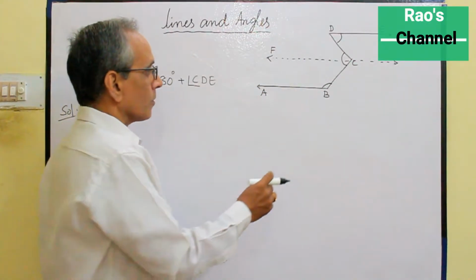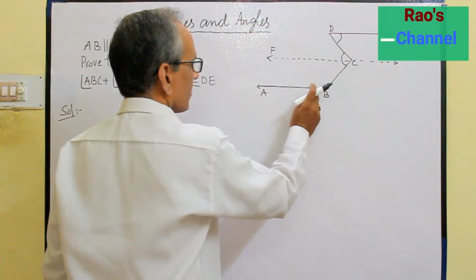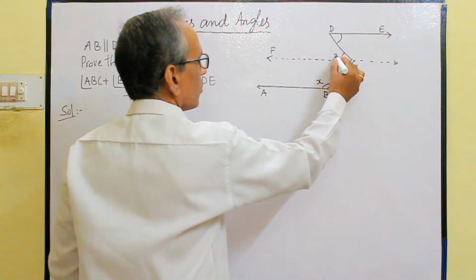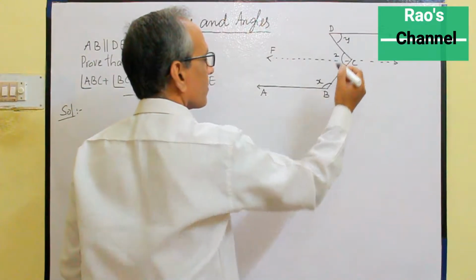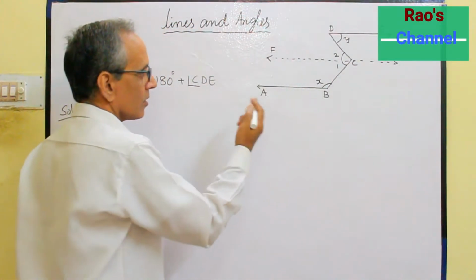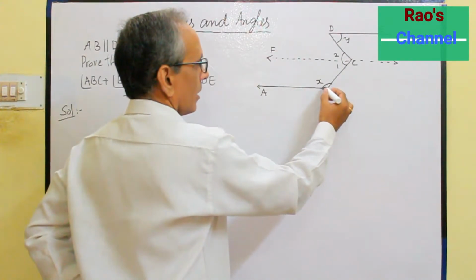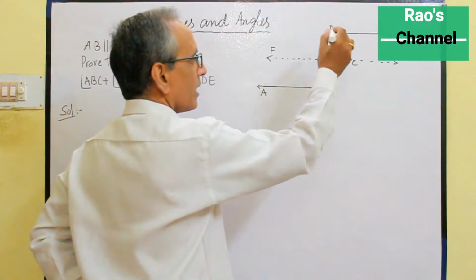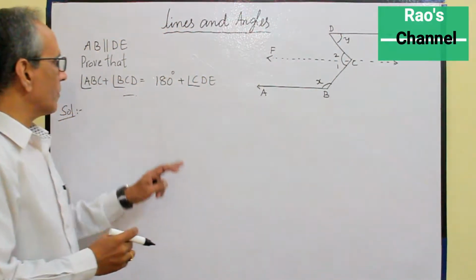Now, let me mark this as X, 1, 2, to call the angles easily. So here you have to prove that X plus 1 plus 2 is 180 plus Y.